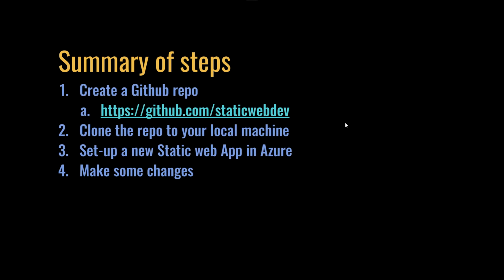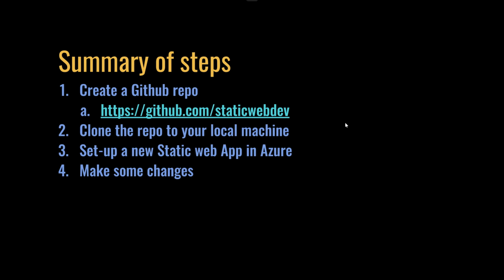So here is a summary of the steps, like we've done in the previous sections. We're going to create a GitHub repo, using a nice template that has been created at github.com/staticwebdev. We're going to clone the repo to our local machine.